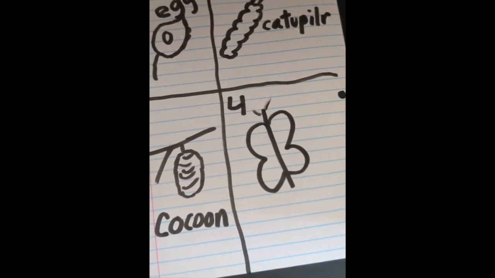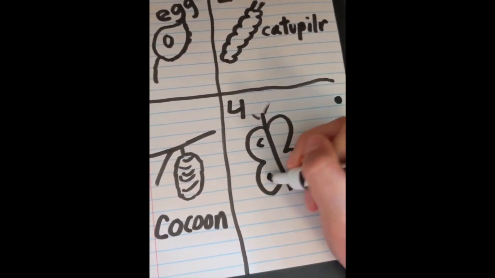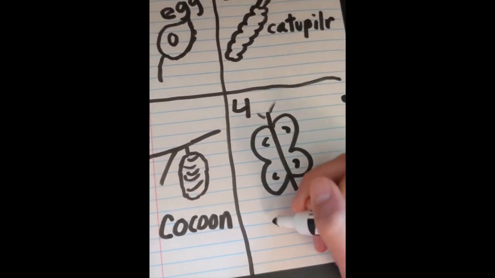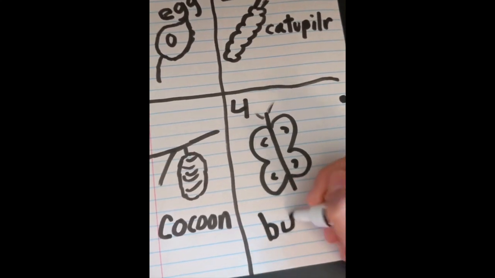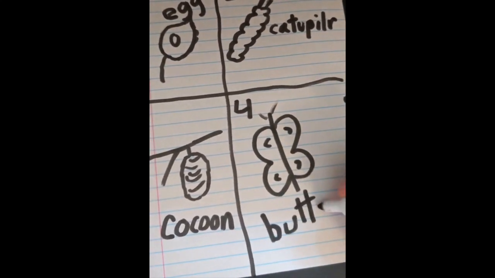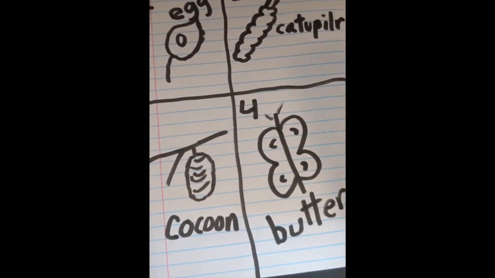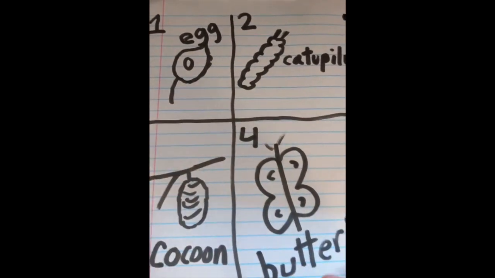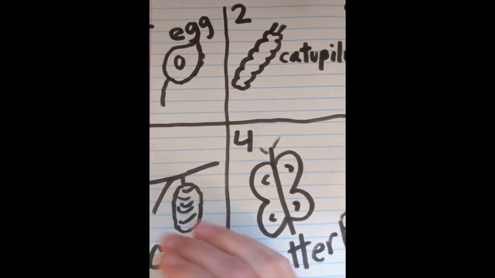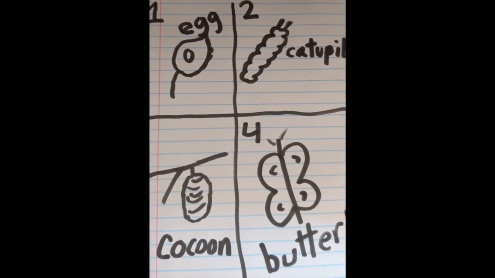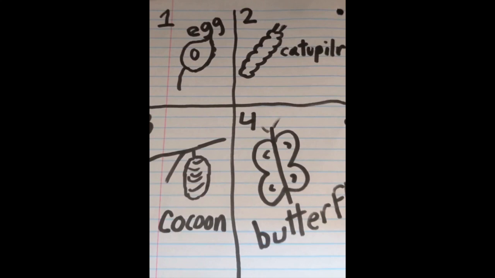What is that? It's a butterfly, of course. Awesome. Here are the 4 stages of a butterfly's life. This is the life cycle.